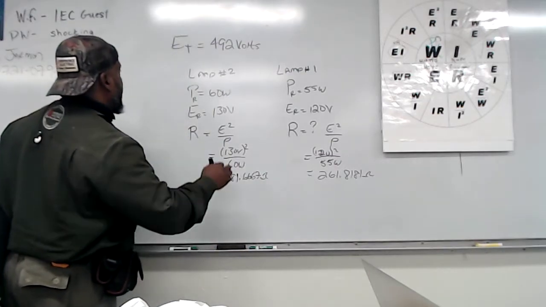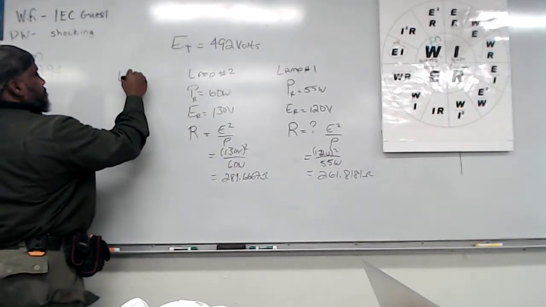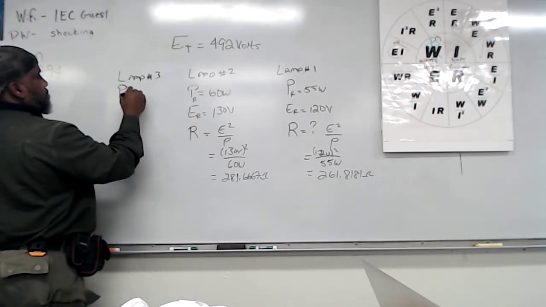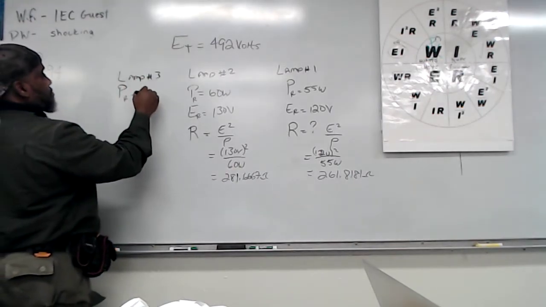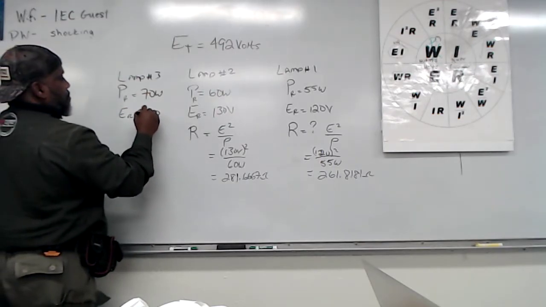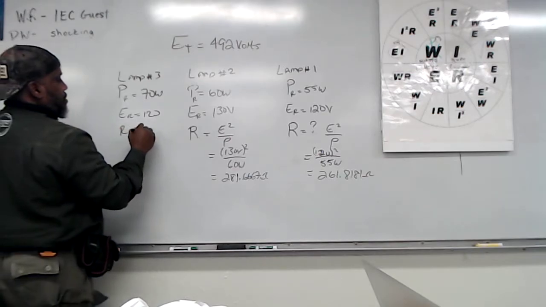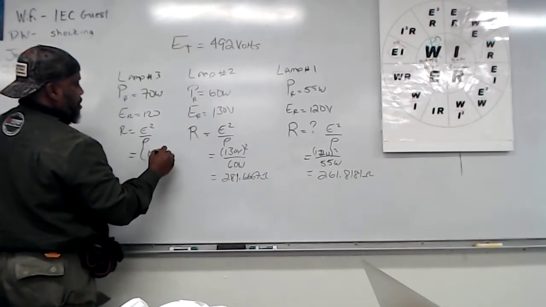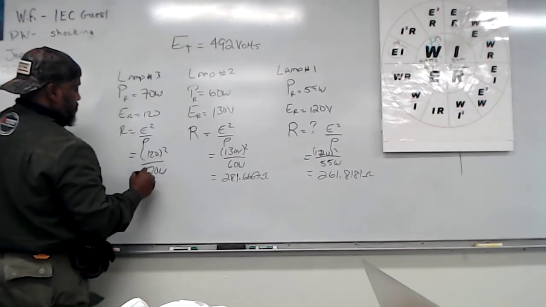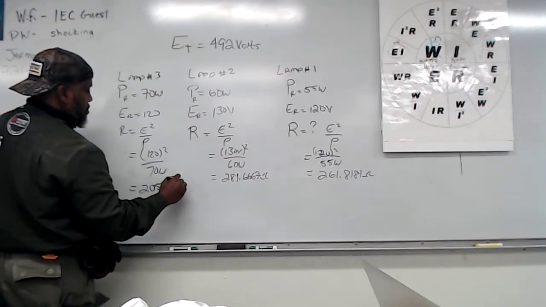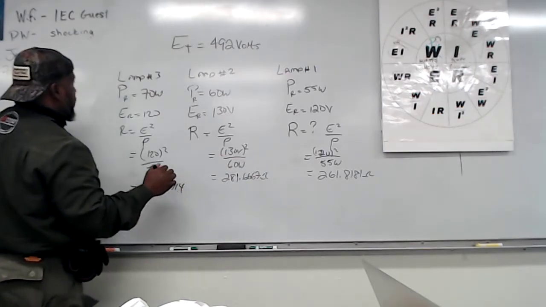I got to do all of them, right? Lamp number 3, what's P? 70 watts. And 120 volts. R equals E squared over P. That's 120 volts squared divided by 70 watts, which is 205.7143. That's about right there.